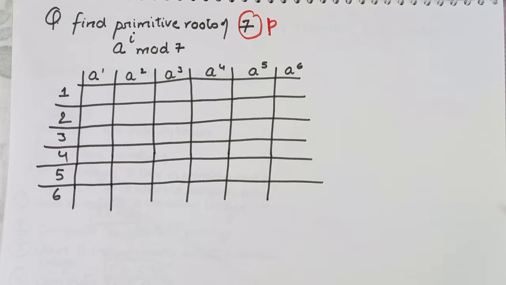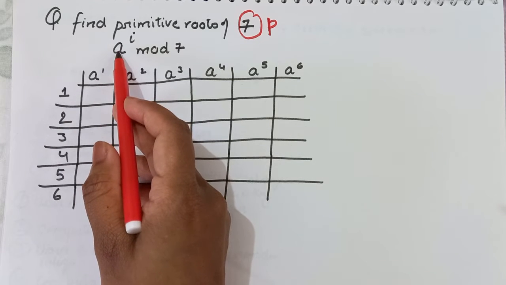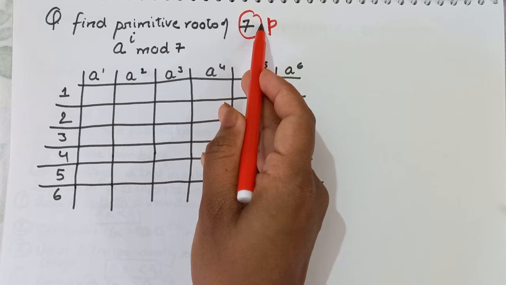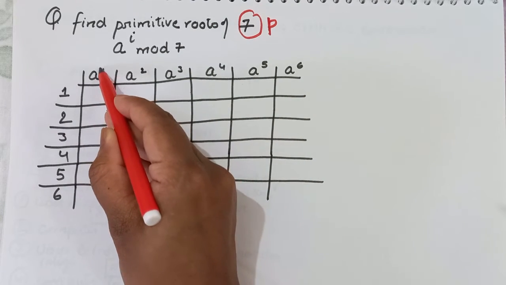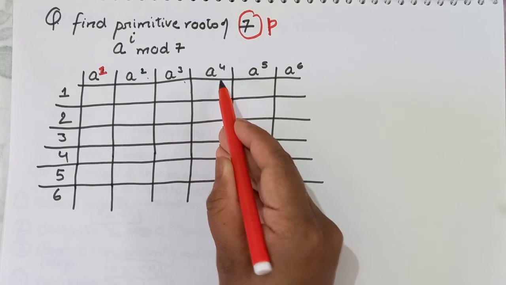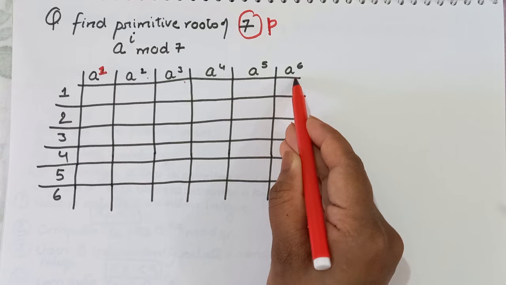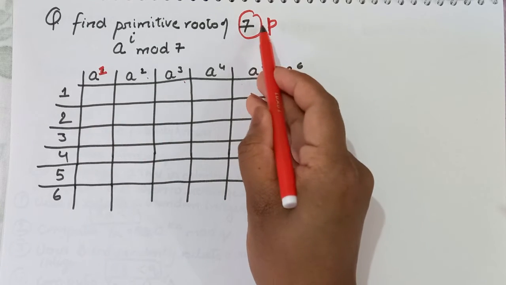So I am supposed to find the primitive roots of p, and I'm going to mention them as powers. Here I have taken a as the primitive root. If a is the primitive root of p, I know that I have to calculate the powers: a to the power 1, a to the power 2, a to the power 3, a to the power 4, a to the power 5, a to the power 6. Why till 6? Because I want the length of these powers to be p minus 1.